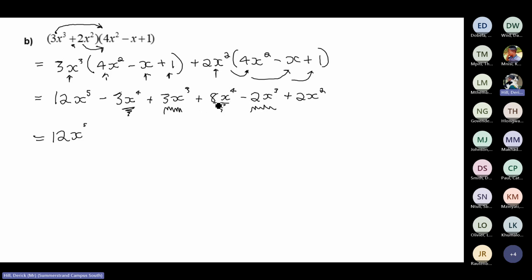So that's minus 3 plus 8, which is 5 times x to the 4th power. Then we have a look at our x cubeds. That's a 3x cubed plus minus 2x cubed, which gives me a 1x cubed, or just x cubed. And then what's left? We have a plus 2x squared. Nice and simple, right? So that is multiplying a binomial by a trinomial.